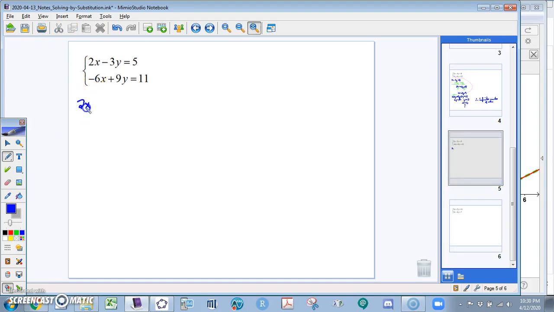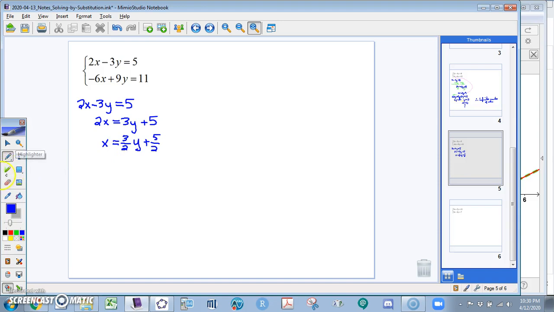So I'm going to take 2x minus 3y is equal to 5. I'm going to solve by adding over 3y. I'm going to go ahead and kind of skip some steps here. And then I'm going to divide by 2. Got to divide both of these terms by 2. That's going to give me 3 halves y plus 5 halves.